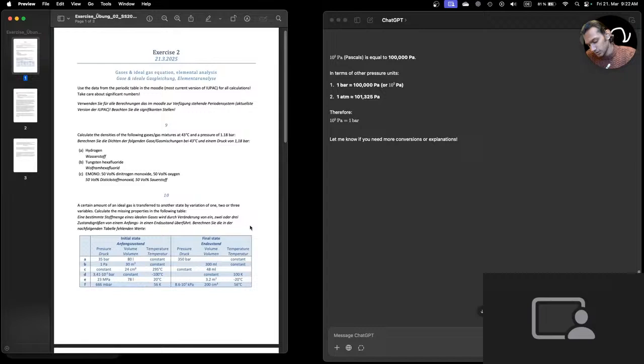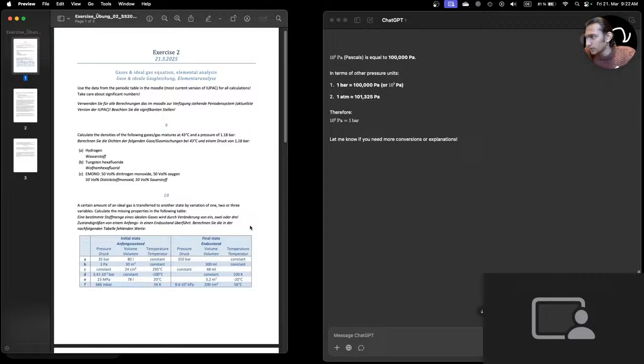So T2 equals V2 by V1 into T1. V2 by V1 product multiplied by T1. Let's see the values.